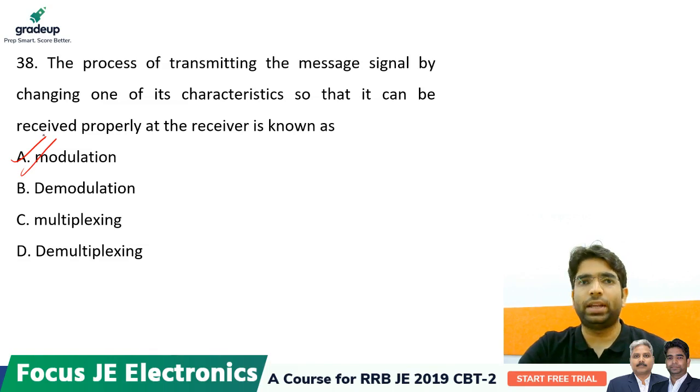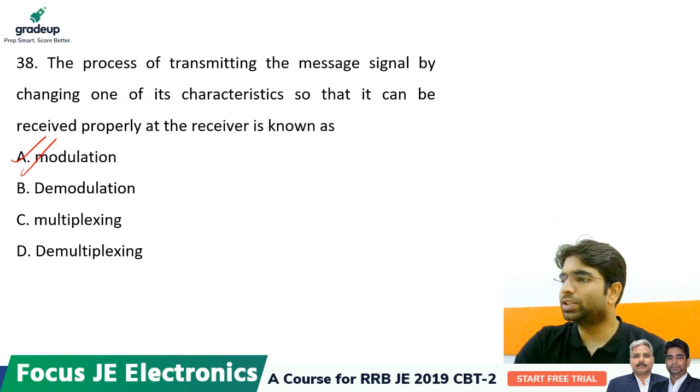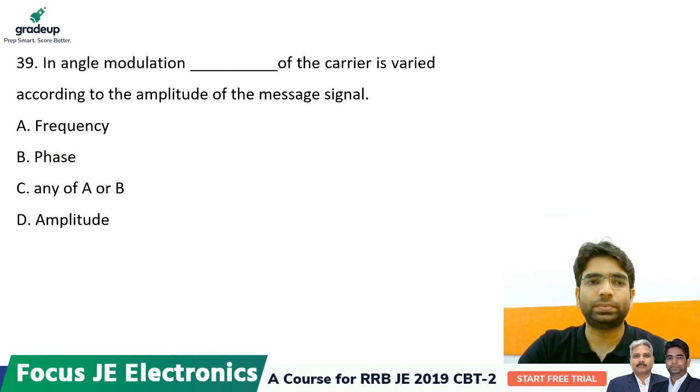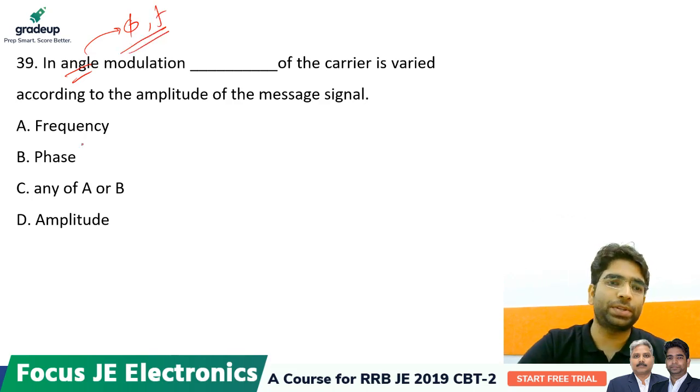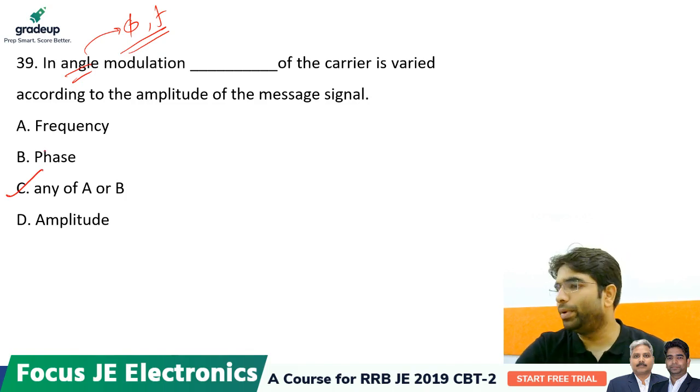Modulation is a process in which one characteristic of a high frequency carrier is changed with respect to the message signal. In angle modulation, either phase or frequency, both can vary. So it is option C, any of A or B.